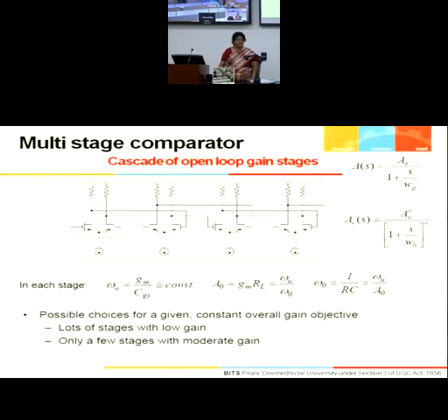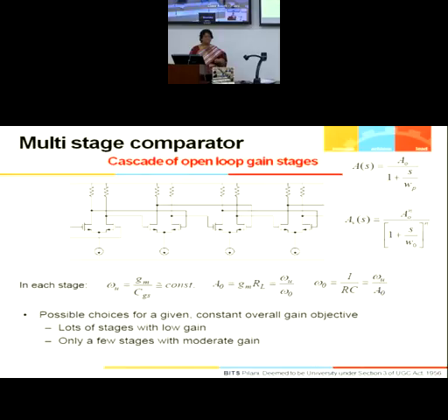I need not design every stage with a very high gain. But because there would be n series cascade, the total gain will become very large. So that would certainly give me a very good resolution. As a result, I now have lots of stages put together in series with low gain.